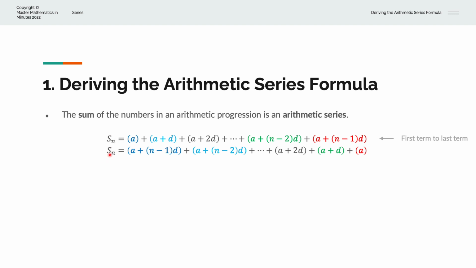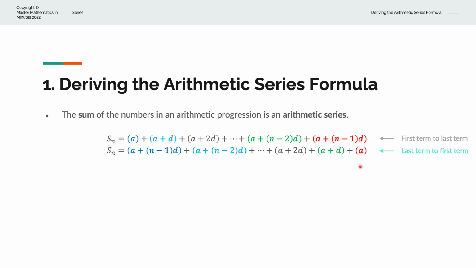With Sn again, the last term, which is a plus (n minus 1)d, now becomes the first term. The second last term, a plus (n minus 2)d, is now the second term. And the first term, which is a, is now the last term. So this sum goes from the last term to the first term.